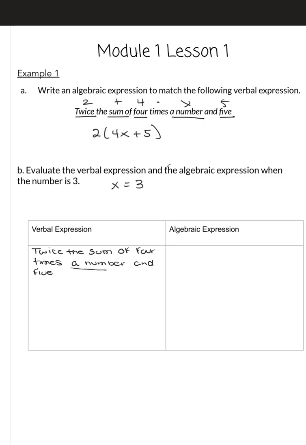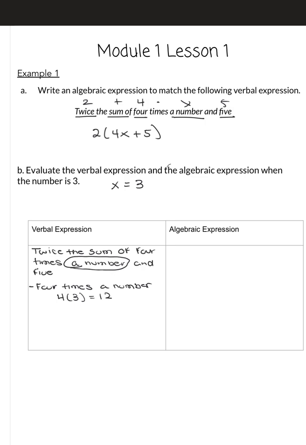So we know that a number is now going to be replaced with 3. So we have 4 times a number. Since we know that that number is 3, that translates to 4 times 3, which is going to equal 12.